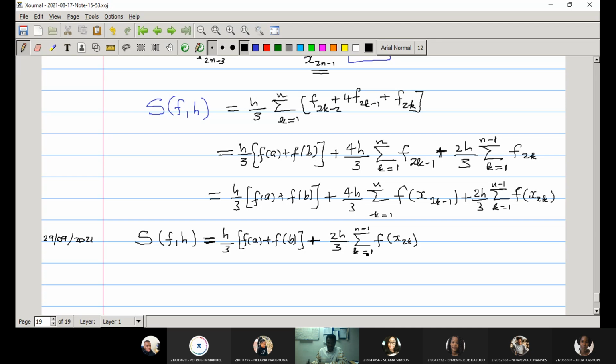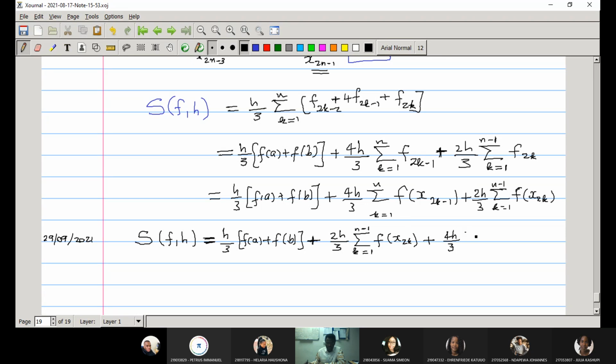So this is the even part. Now, plus, for the odd, it will be 4h by 3. Of course, that 4 comes from the original Simpson rule: the value in the middle has a factor of 4. So that same factor is here, the 4.